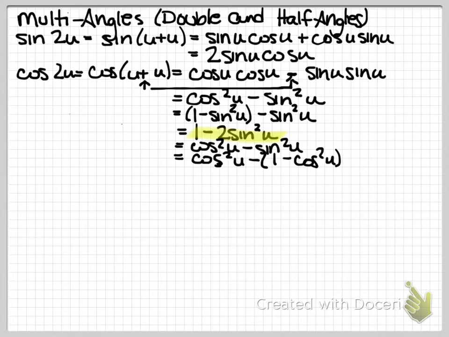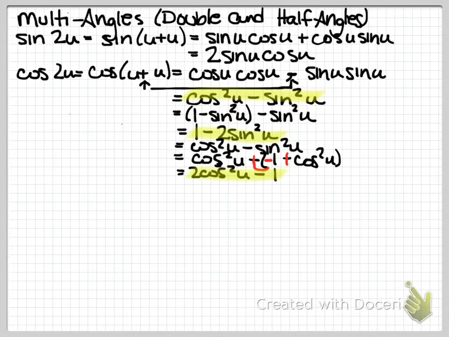If I distribute this negative, that's going to give me a negative 1 and a positive cosine squared. Combine like terms, and I get 2 cosine squared u, this time minus 1. So there are 3 versions for the double angle for cosine.